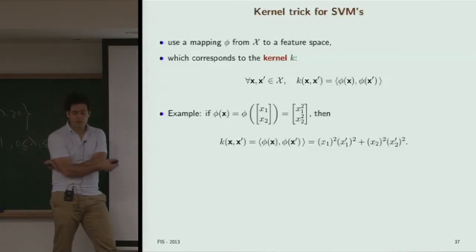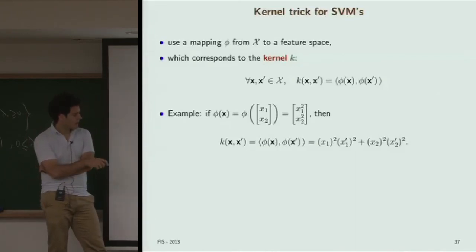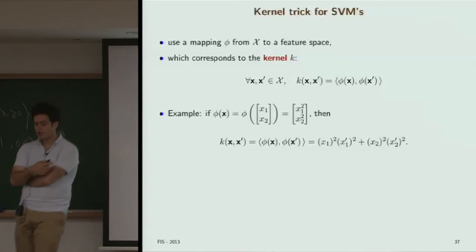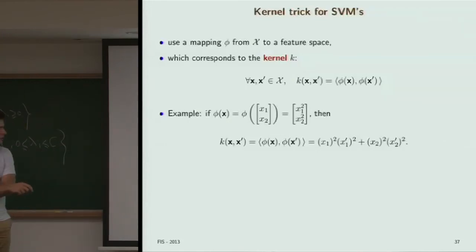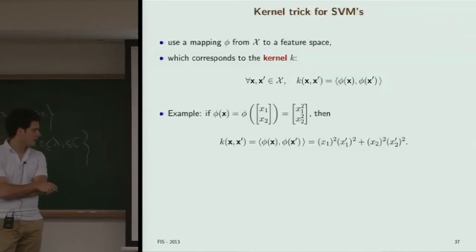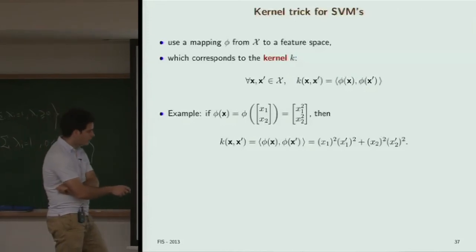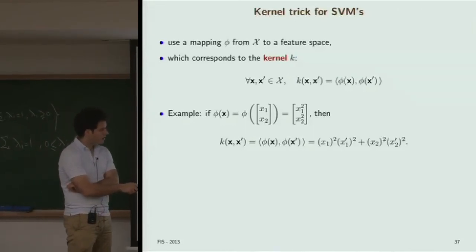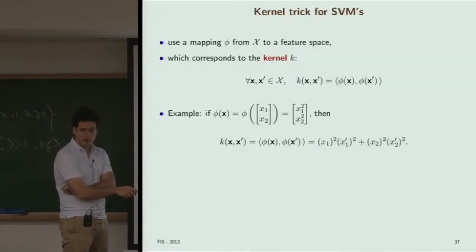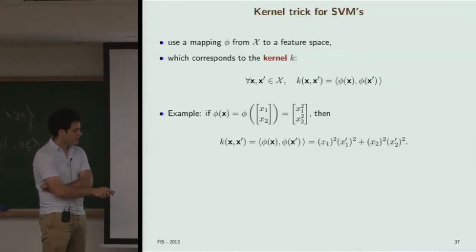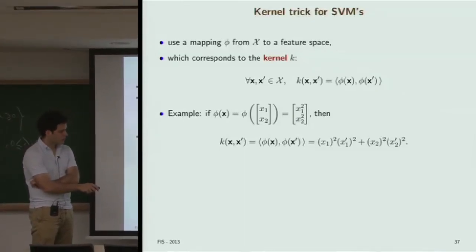So let's take a very simple example. Imagine that X is a vector, x1, x2. Imagine that this mapping phi of X is just another vector where I take the squares of each coefficient. Then the kernel that I would be defining between two vectors is simply the dot product between those two representations, and that's just the dot product of the squares plus the squares.